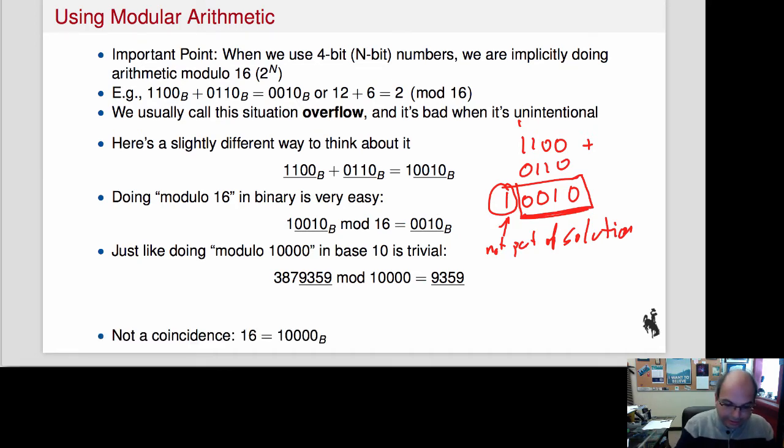Since you have a 1 followed by a bunch of zeros, when you divide by that, really all you're doing is shifting everything over by that many zeros. That's the quotient, and then the remainder is just whatever was there in the first place, okay? So great, we're really doing modular arithmetic if we just say we're going to use n-bit words, 4-bit words, 16-bit words, whatever it is.